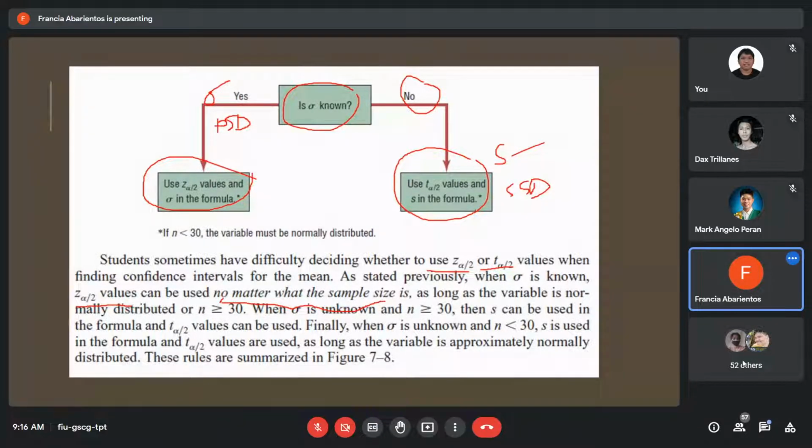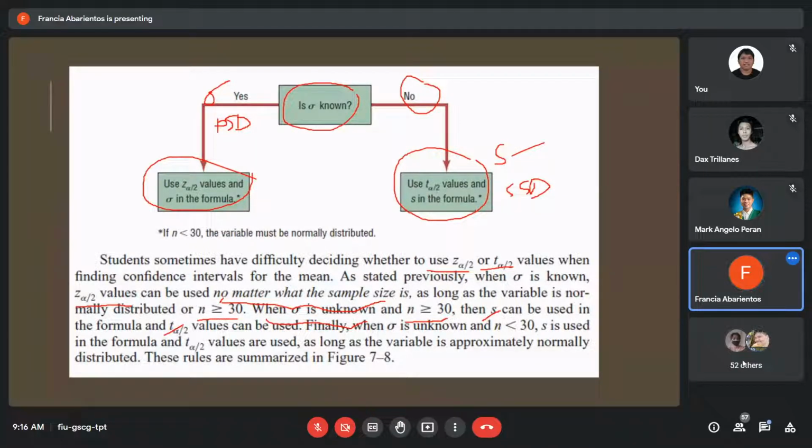Yan. As long as the variable is normally distributed or your n is greater than or equal to 30. When your population standard deviation is unknown, and given din sa atin is n is greater than or equal to 30, we make use of the sample standard deviation and the t-test distribution.